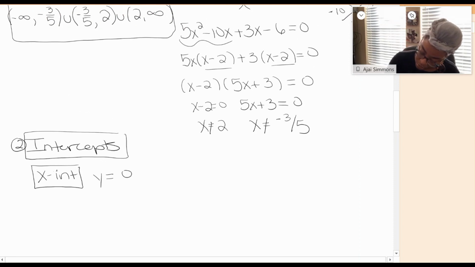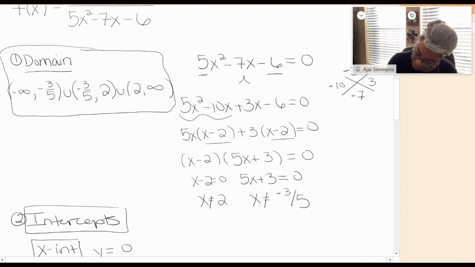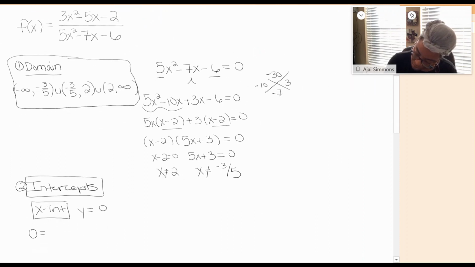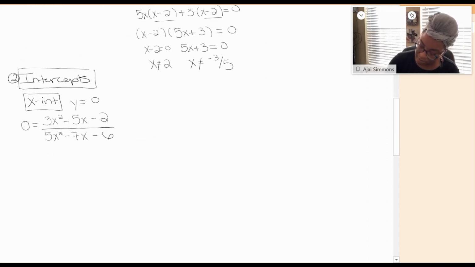So this will be 0 is equal to, let's see what we have at the top, 3x squared minus 5x minus 2 over 5x squared minus 7x minus 6.